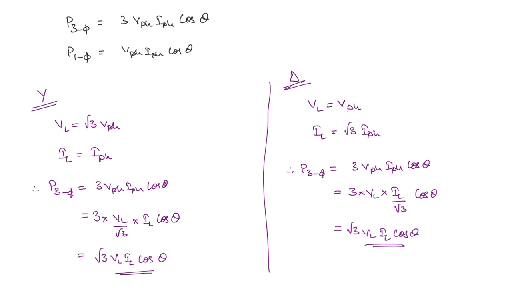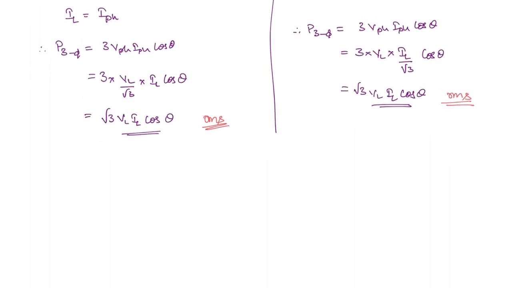So whether it is star or delta, in terms of the line values, the expression for three phase power is the same. Once again, we are talking about RMS values here also. Now what about the reactive power?